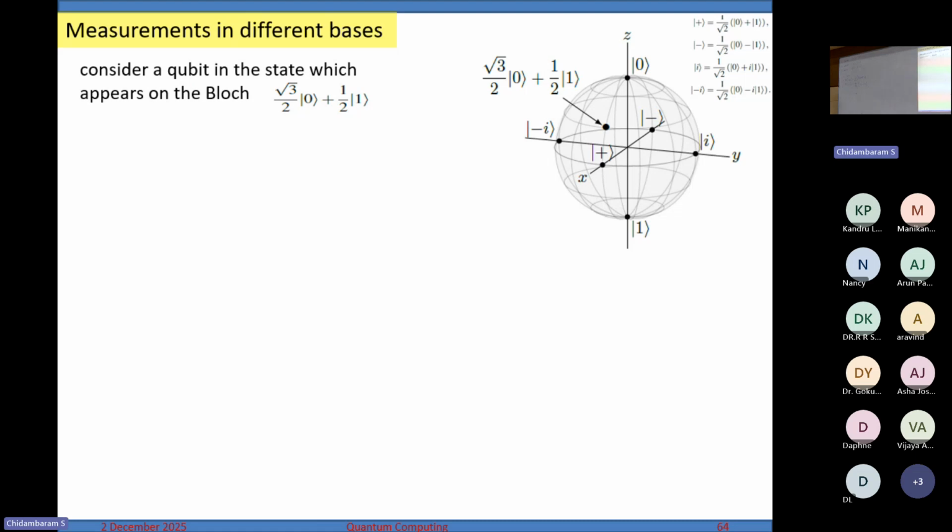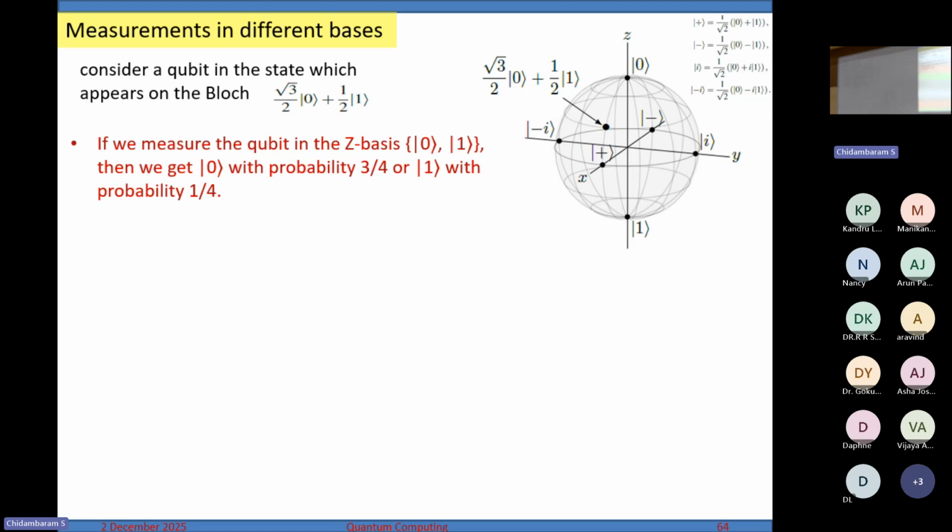Now, sir, I have another qubit. Why only plus, minus? I said a qubit can be in any state. So I take a qubit which is in this particular point of the Bloch sphere. Now I can measure that in any basis. So measuring it in Z basis, are you with 0 or 1?